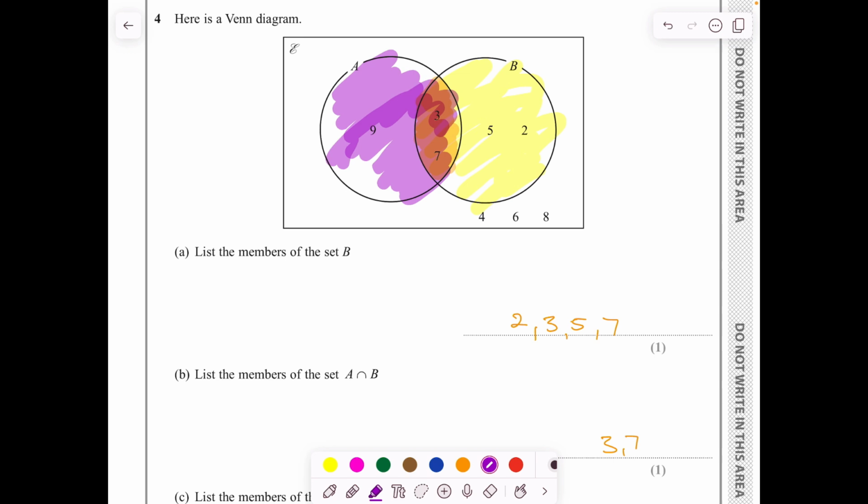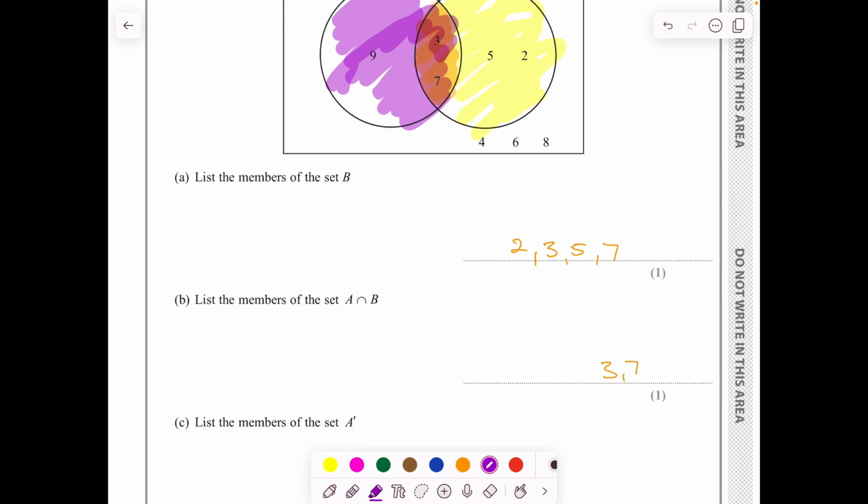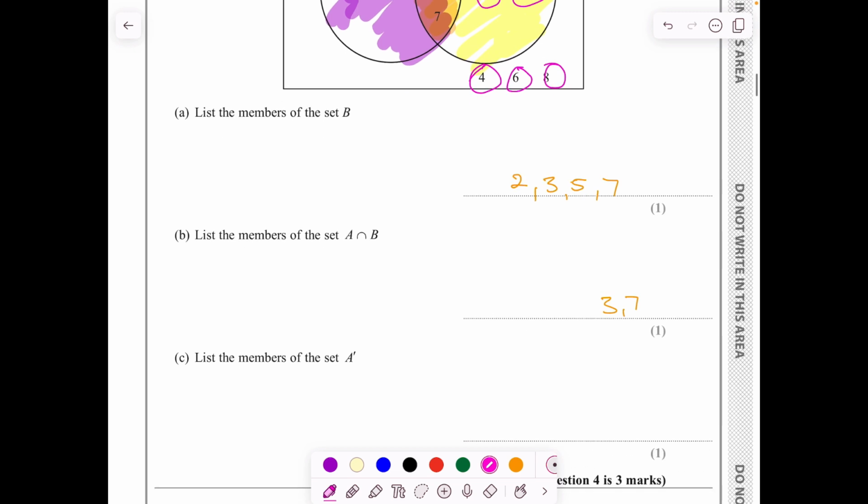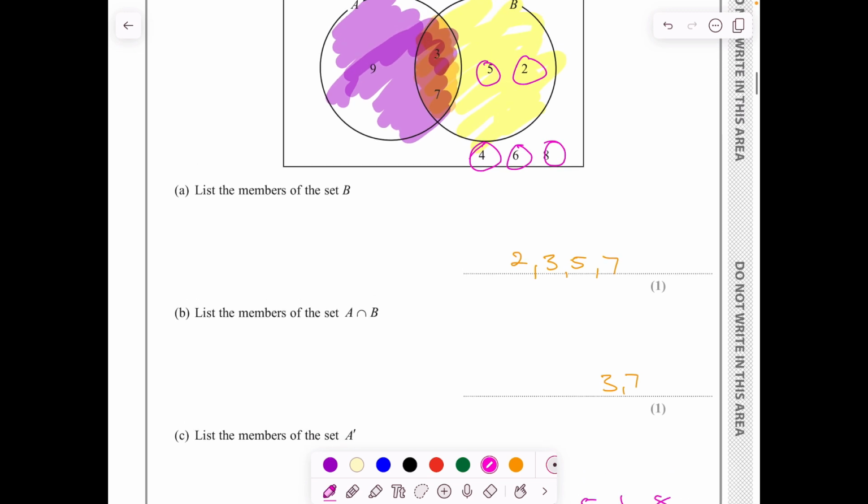Everything else will be not A. So it's all the numbers that are left. This one, this one, this one, this one, and this one. So our answer is 2, 4, 5, 6, and then 8. Okay, so it's all the numbers that don't belong to set A.